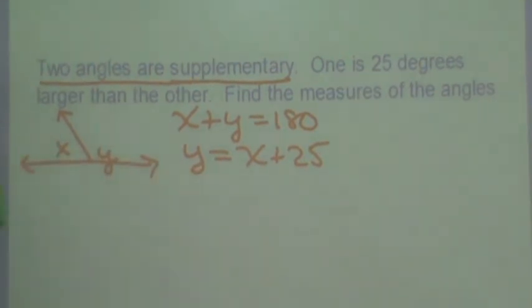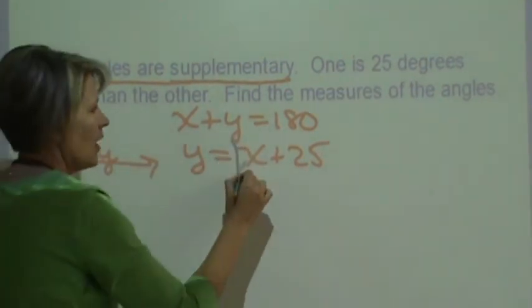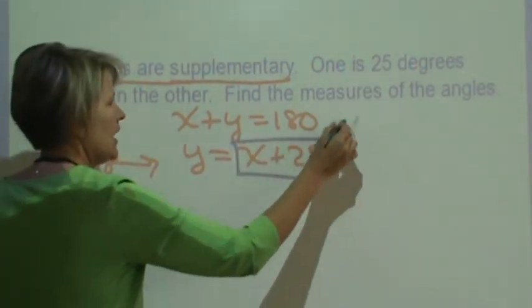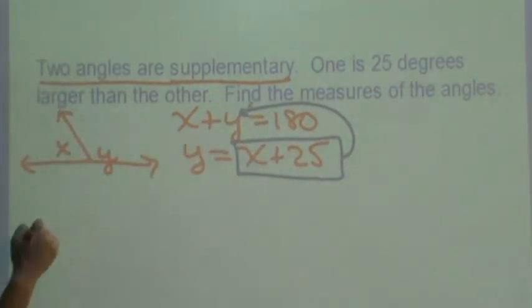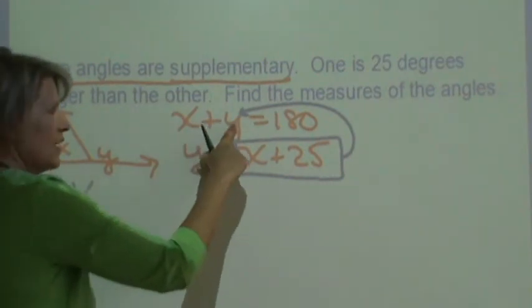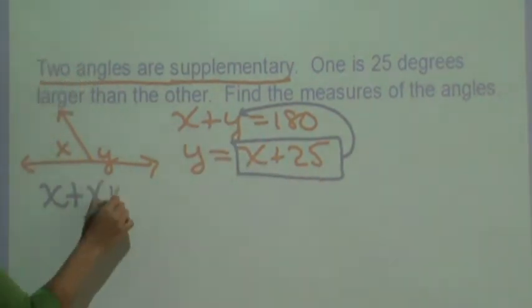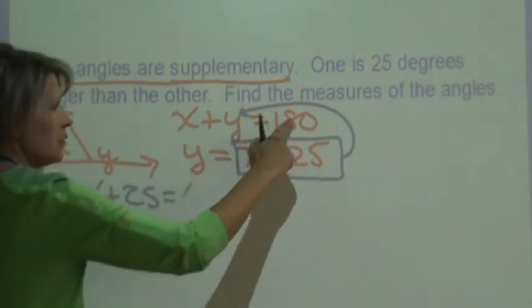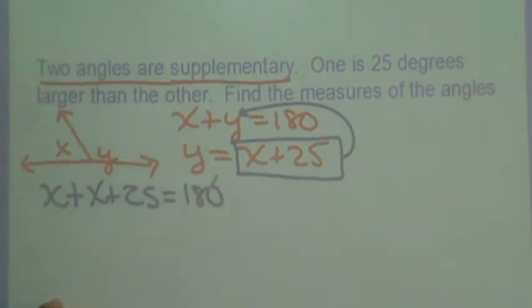This one is solved for y. So let's go ahead and use that. We're going to plug that into this equation where y was. So x plus, and then instead of y, I'm going to write x plus 25 equals 180. Okay?